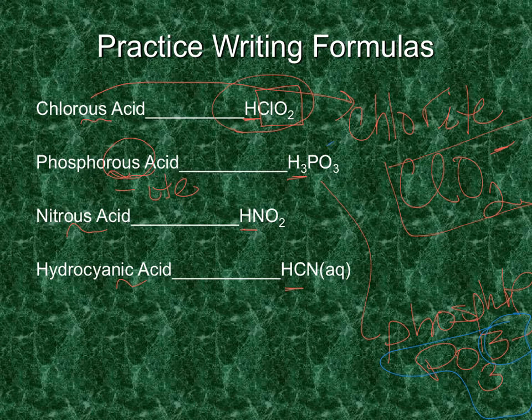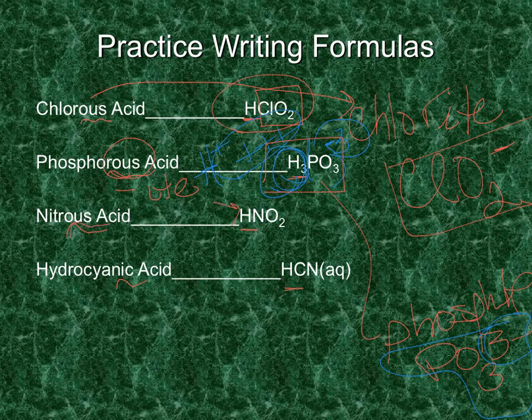So remember, the overall charge of any compound is neutral. So if this PO3 has a -3 charge, each hydrogen ion, we haven't really learned this yet, but has a charge of +1. So you need 3 hydrogen ions so that your total positive charge is +3, and it balances out the -3 charge of the phosphite. That's probably the trickiest part of getting formulas for acids correct, is knowing how many hydrogen atoms to add.